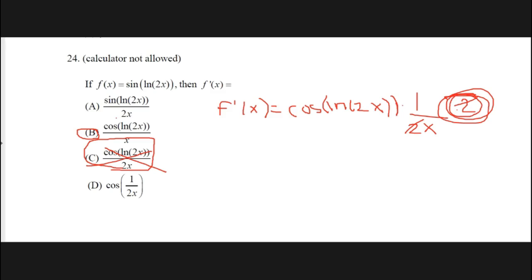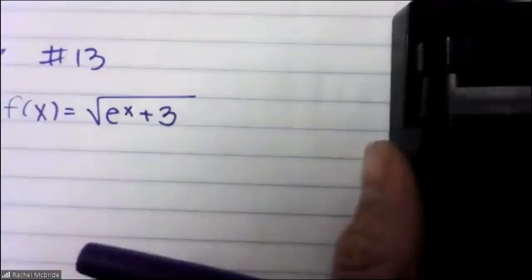Okay, let's go back and look at 13 where I can actually write everything down. So again, this is a linear approximation.